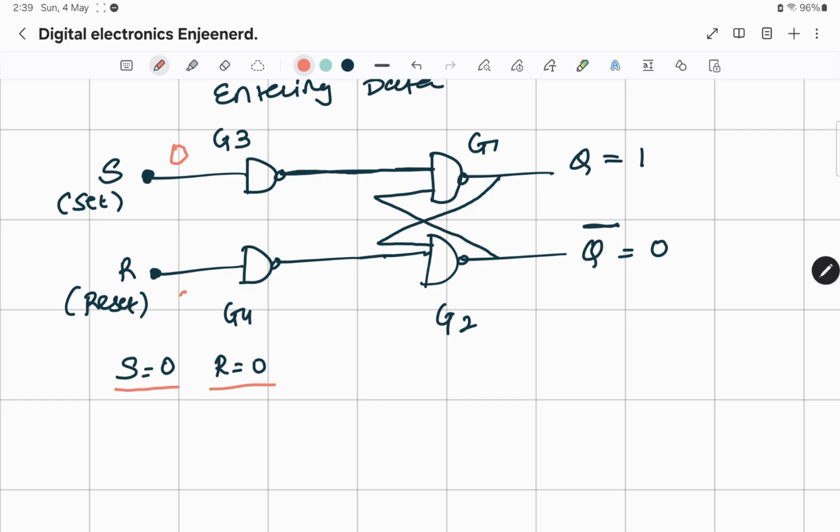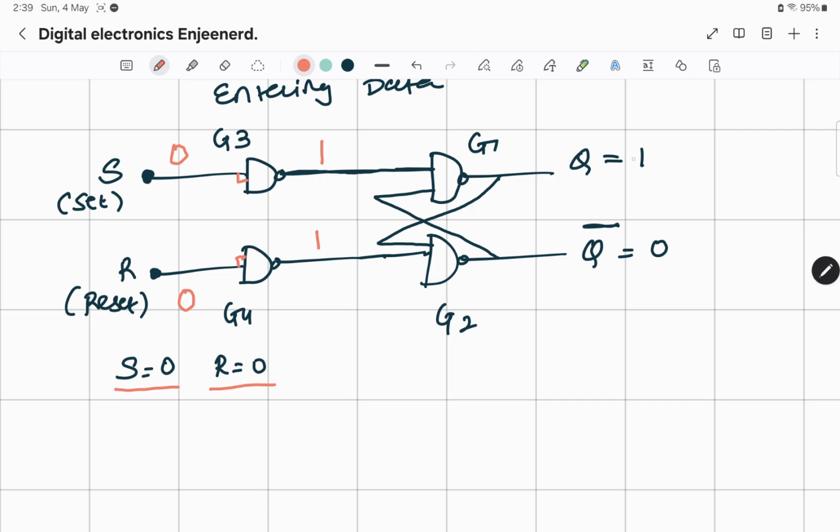When I give 0 to this NAND gate, it works as an inverter. So I will have 1 here and 1 here as well, because this is also working as an inverter. Since we have only one input, it is understood that the second input will be shorted. So 0 gets converted to 1 here.